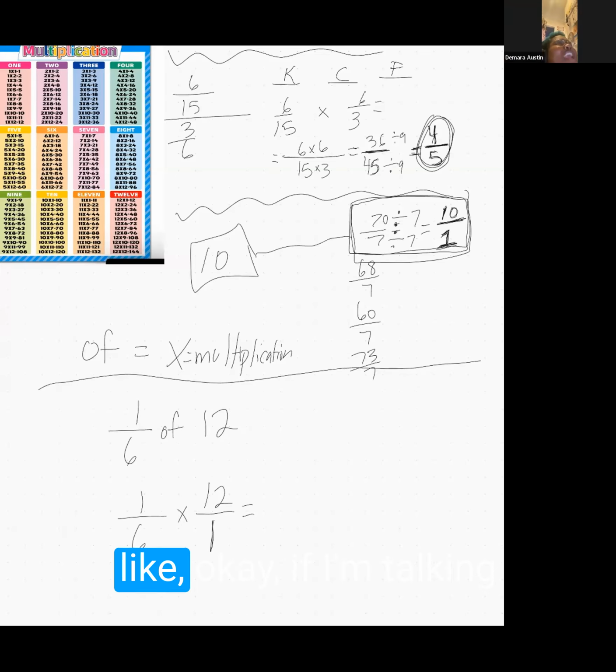But if I'm talking to you in words, and I say, give me half of your toys, I use the word of in English. In math, I'm not going to say, give me 1/2 times your toys.